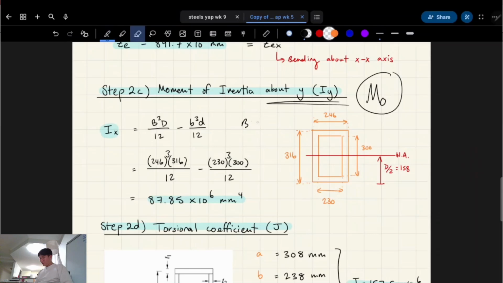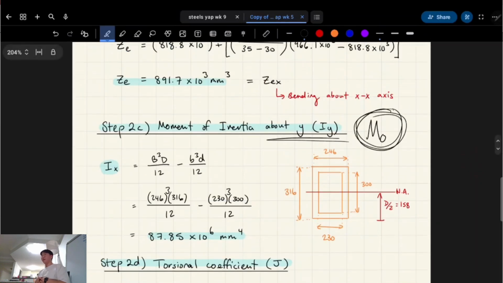Before it was bd cubed on 12, and now it's b cubed d on 12 for the Iy formula. But why are we finding this number? Because it's going to be used in the big formula later for reference buckling moment.